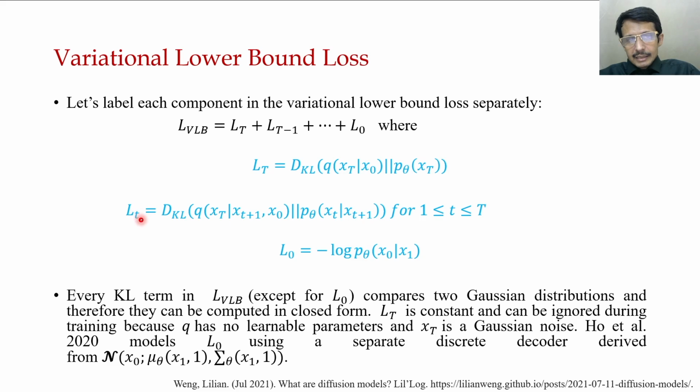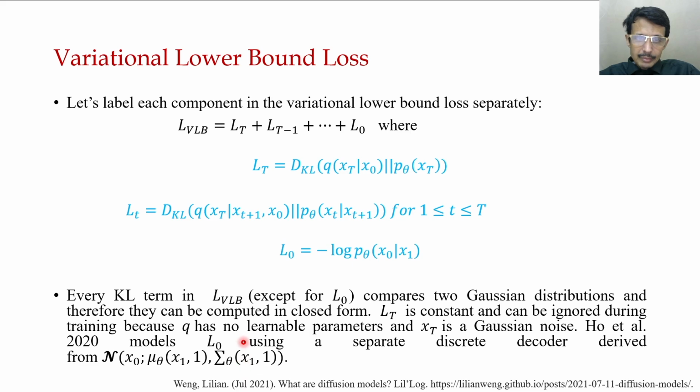What is L small t? That is the KL divergence between q of xt given xt plus 1 and x0, and p theta of xt given xt plus 1, for t from 1 to T minus 1. There are so many steps involved here. And L0 is minus log of p theta of x0 given x1.